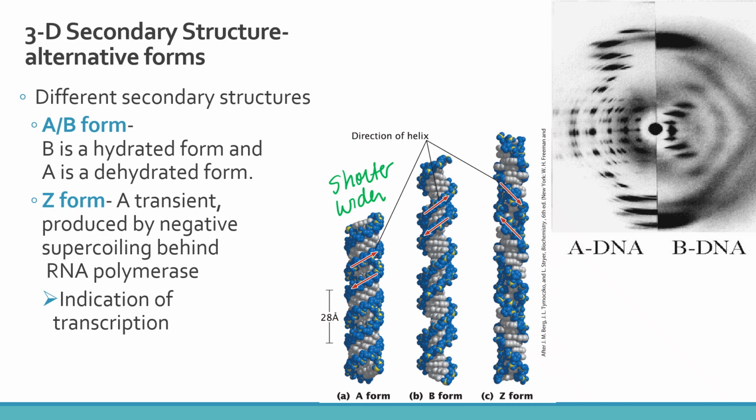This form of DNA only happens when RNA polymerase comes through the molecule, and it happens as a mechanism to help open up the DNA. So if you see Z-form DNA in a cell, it's an indication that there is transcription happening. We can see on the far right, the Z-form DNA, the twists run in the opposite direction compared to that B-form DNA.